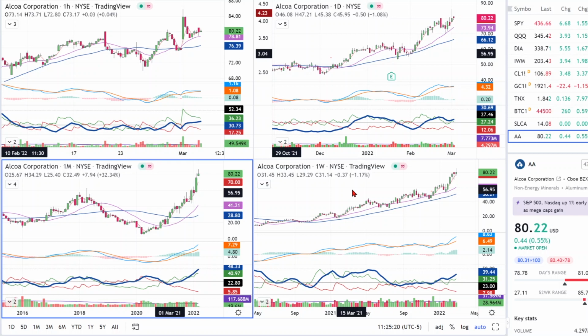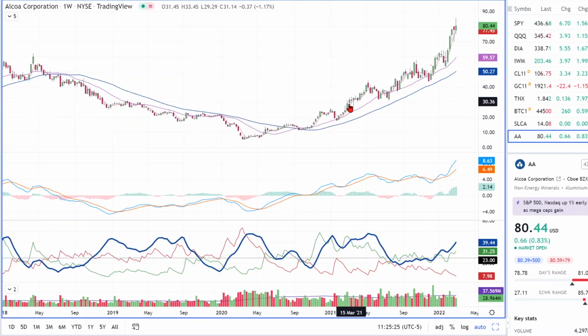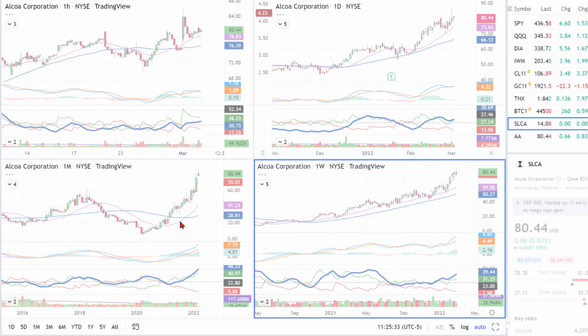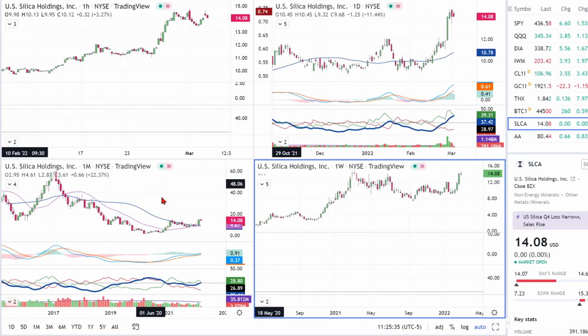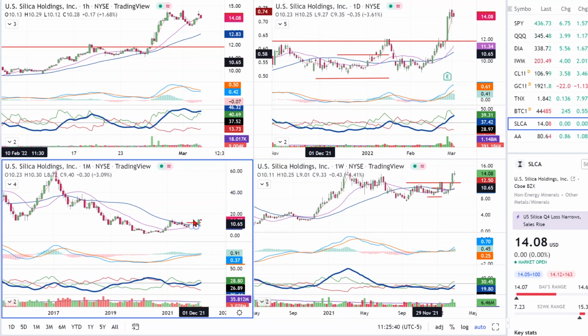And I do numerous videos on this, but I spend most of my time showing you just the pullback trade in a rising environment. But we can definitely look for the situation in a reversal pattern that takes place in something like Silica, where we've gotten this 18-month to finally turn around.